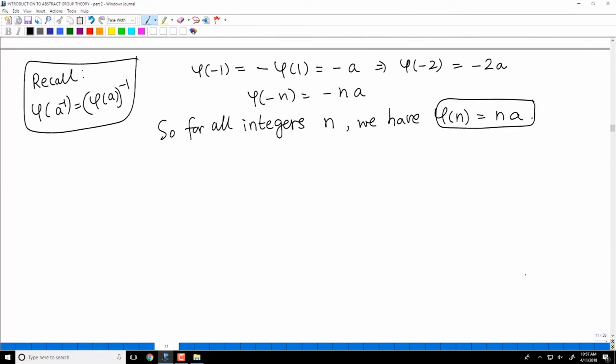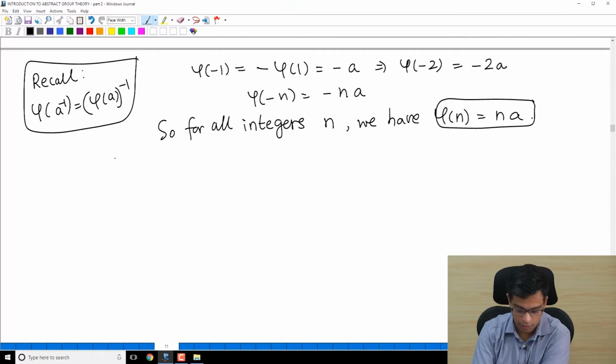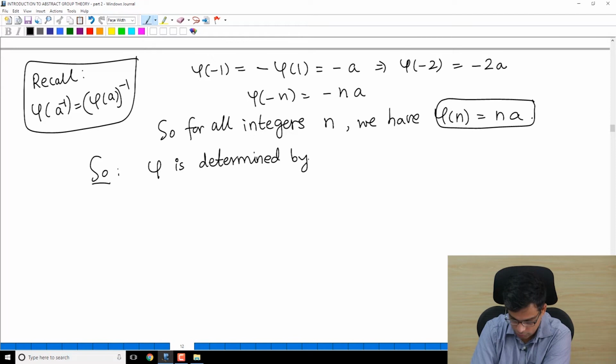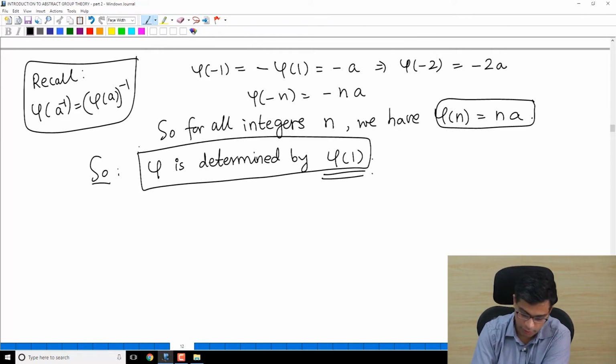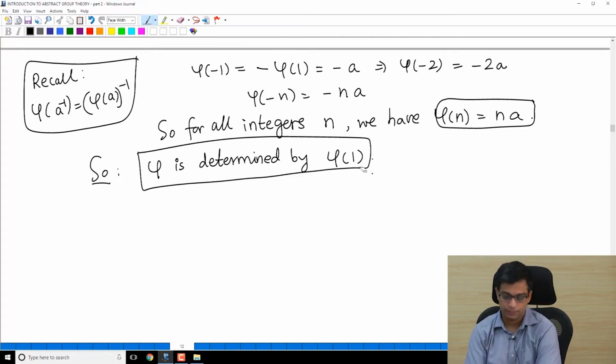So how do you express this phenomenon? What we can write is phi is determined by phi of 1, which is to say that once you fix phi of 1, or once you give it a name, small a, every other image of phi is determined, because once phi of 1 is a, phi of n is na. So phi is determined by phi of 1.